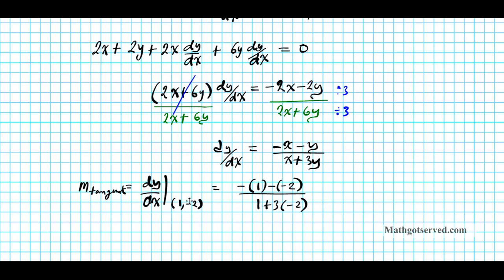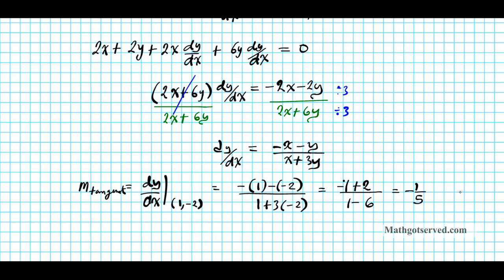How did we get this? By plugging x and y into this dy dx equation, which helps you calculate the slope at any point. We'll simplify that. We're going to have negative 1 plus 2 over 1 minus 6.